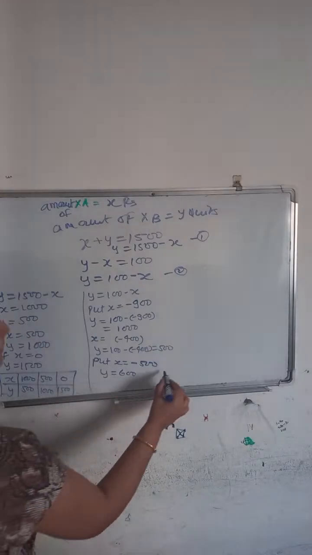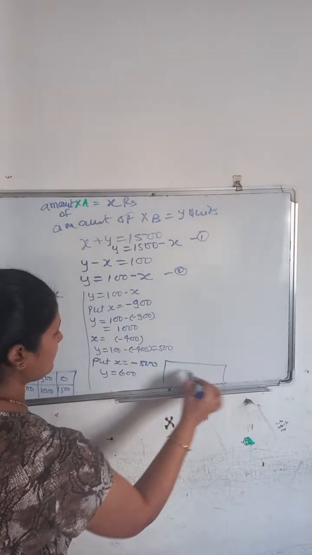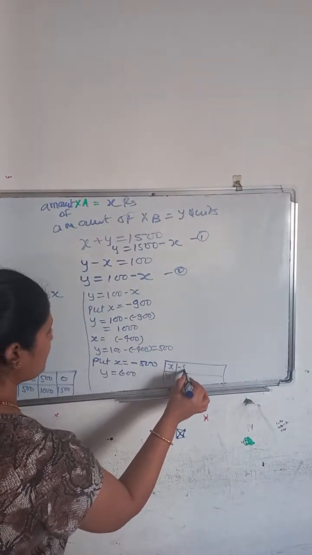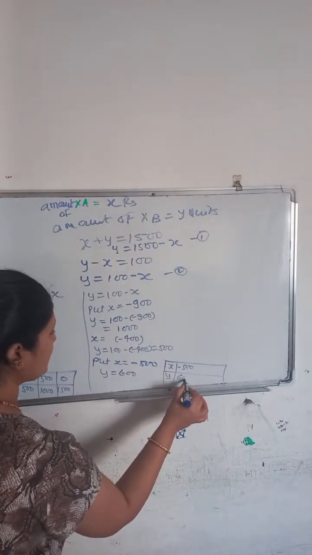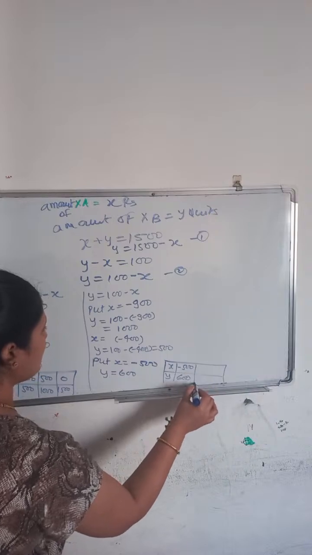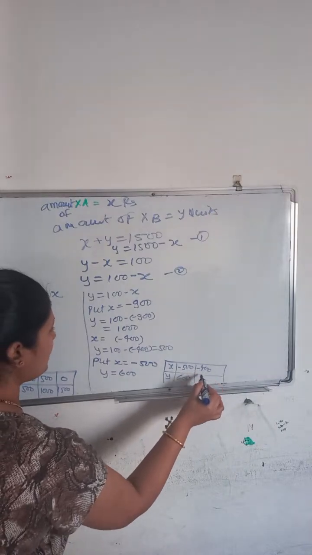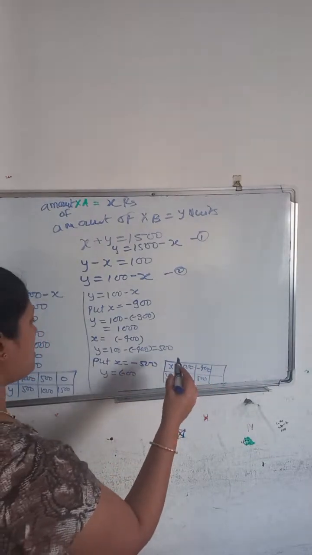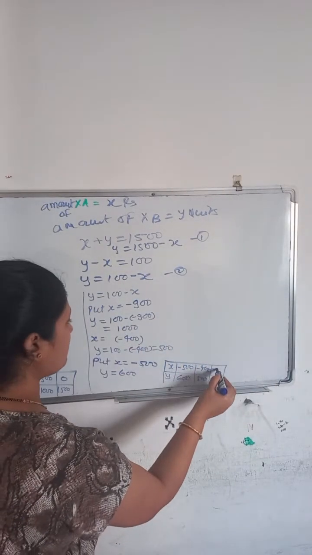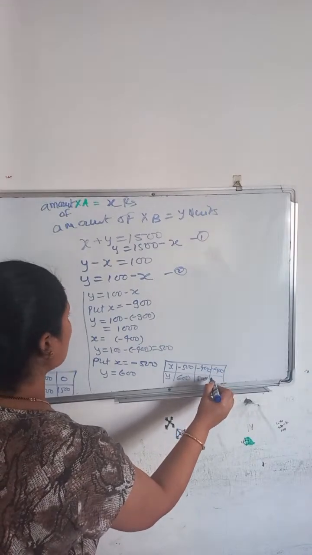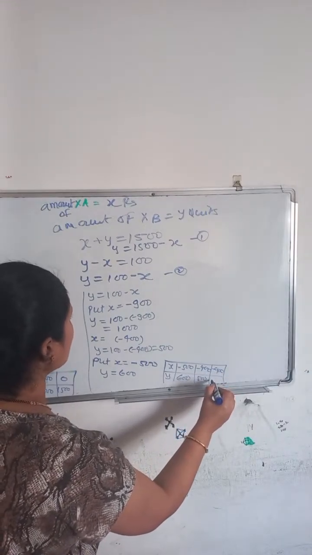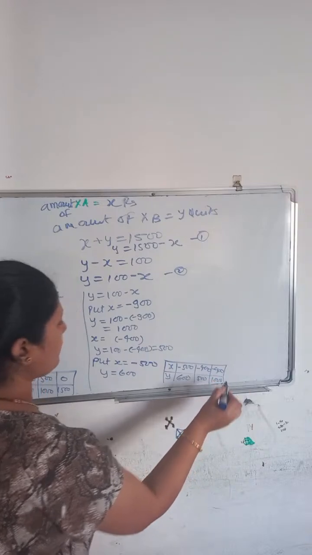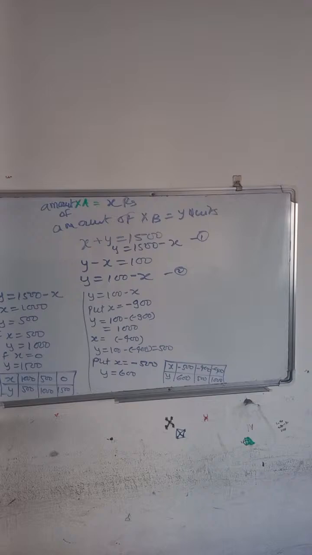So make a table over here. So make x and y. When x is 500, in this case you will get 600. Then x is minus 400, in that case you will get 500. And when x is equal to minus 900, then here I will get y as 1000. Okay, now draw the graph.